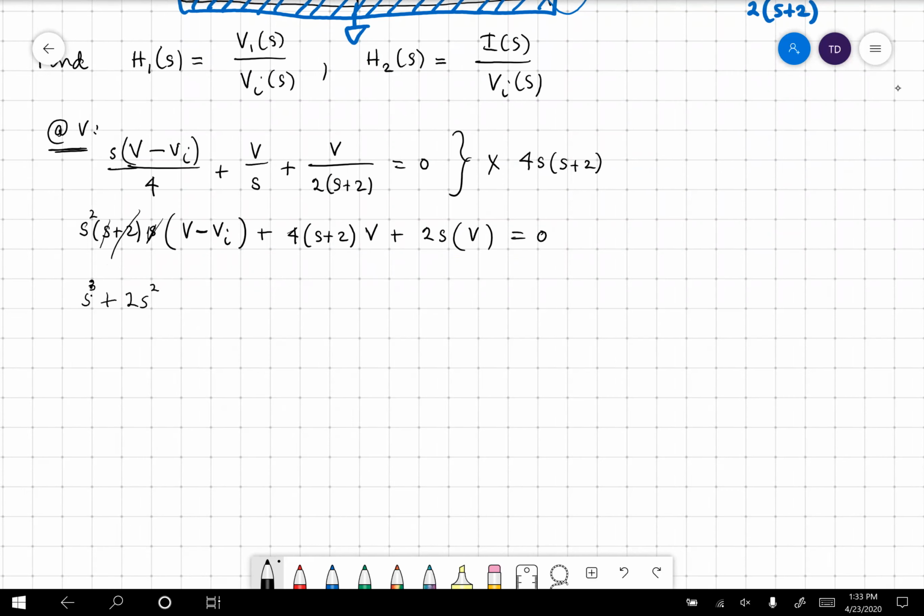That takes care of that term. Then I have plus 4S plus 2S plus 6S. And then I have plus 8 on this one here, plus 8. All of that multiplies V, and that's equal to, bring my VI to the other side.